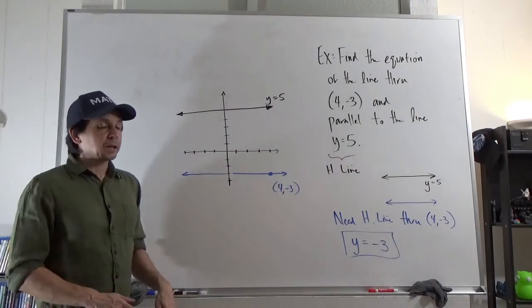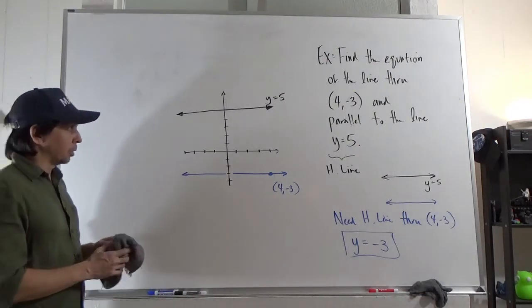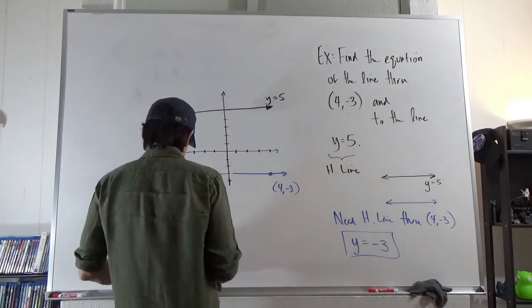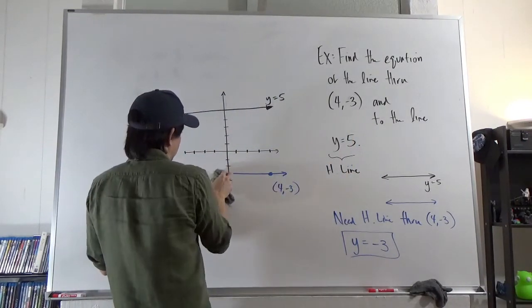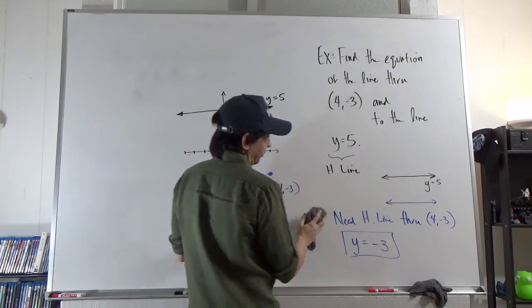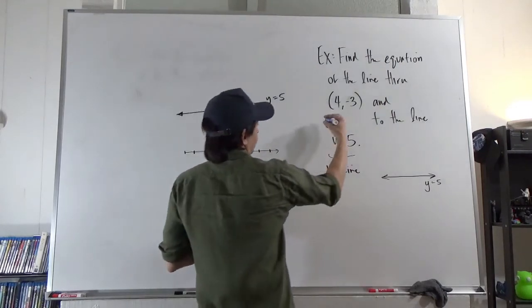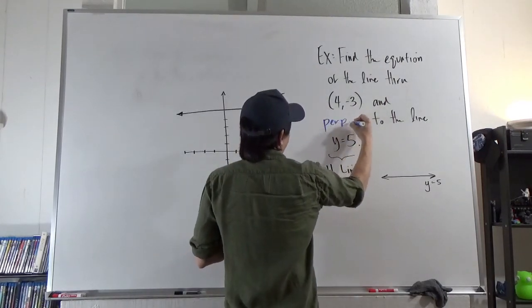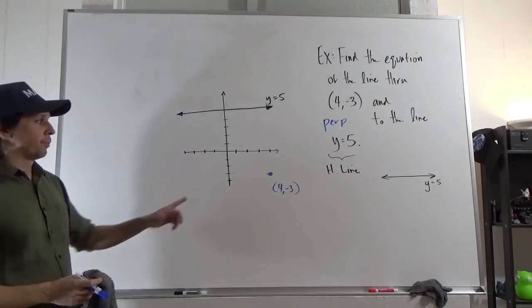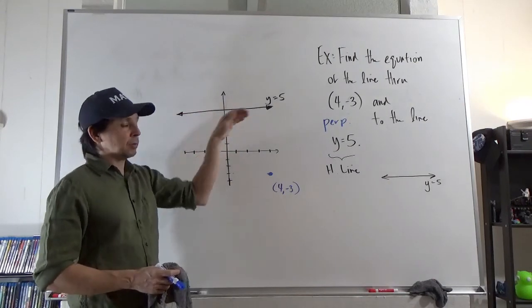If they want a perpendicular line, then it's going to be 1 horizontal, 1 vertical. So, real quick, if I change the problem, this is a new problem essentially. Find the equation of the line through (4, -3) that is perpendicular to the line y = 5.